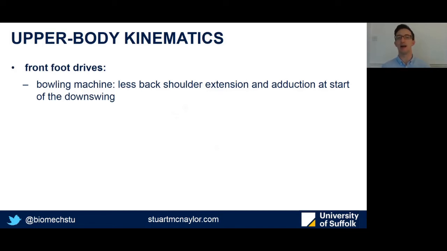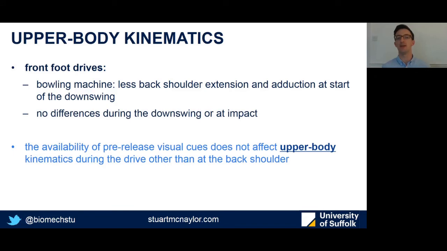So to simplify that, when there was less visual information available, they had a smaller backswing at the shoulder, with no differences seen during the downswing or at impact. So we concluded that delivery type or the visual cues available do not affect, at least, upper body kinematics during the drive, other than the magnitude of back shoulder extension and adduction.